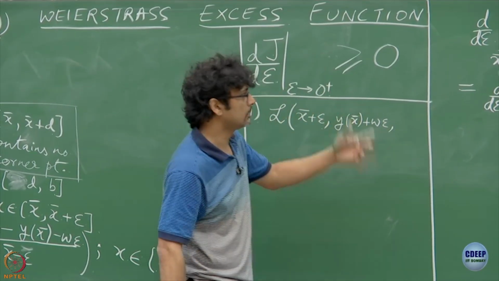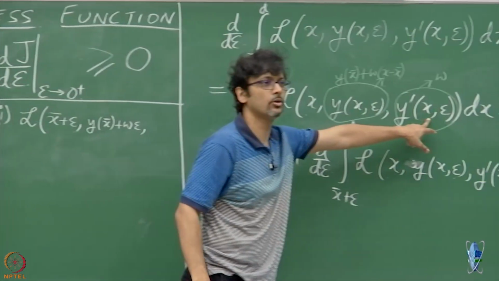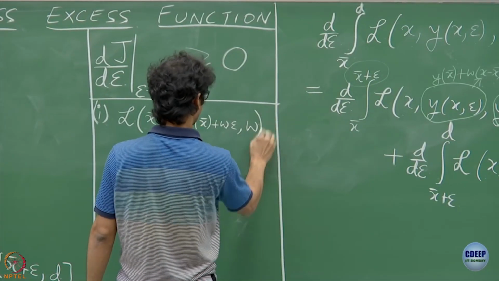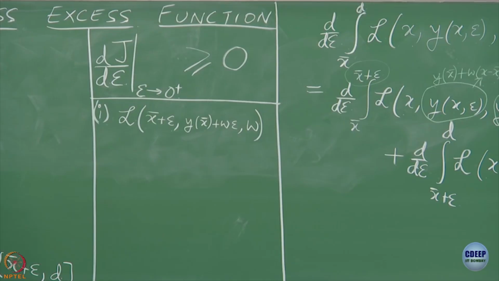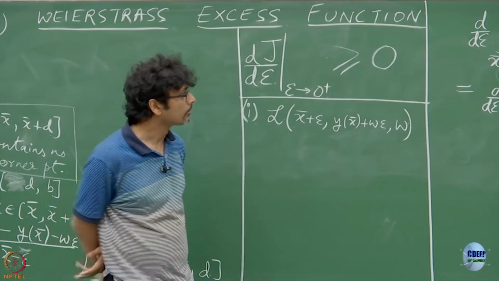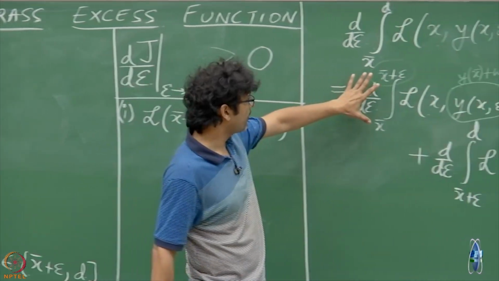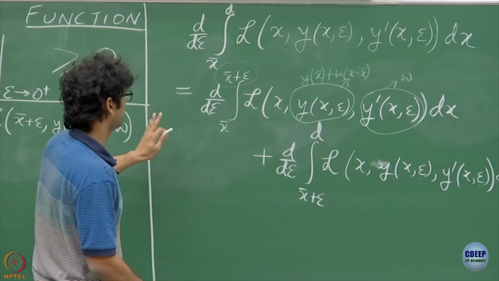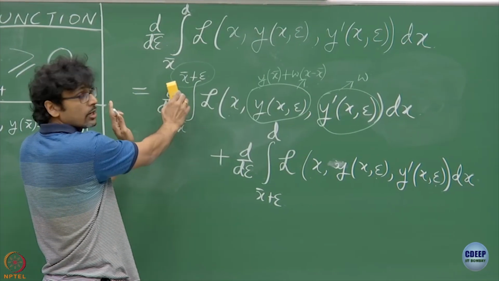Of course, the third term really isn't dependent on this at all. So it's just w, right? Okay, let's keep this in our stock. So hereafter, we'll just focus on this term. This one's taken care of.